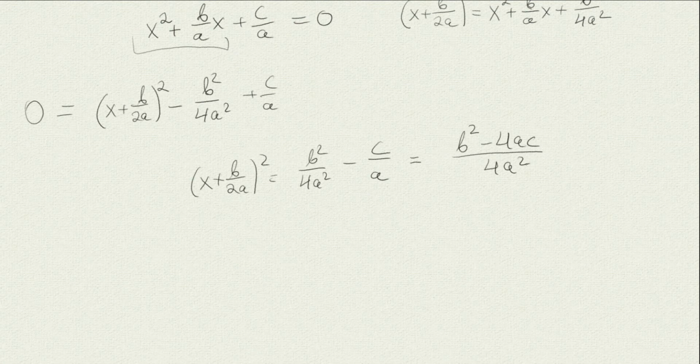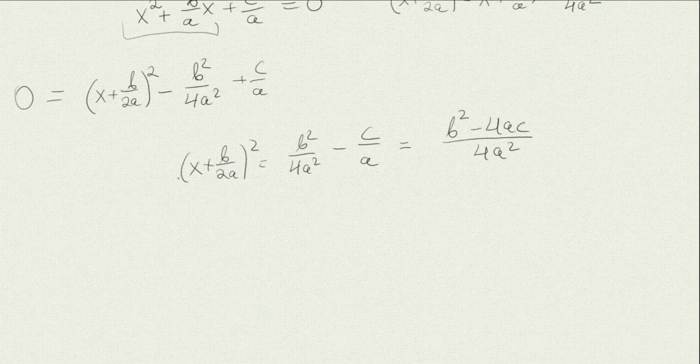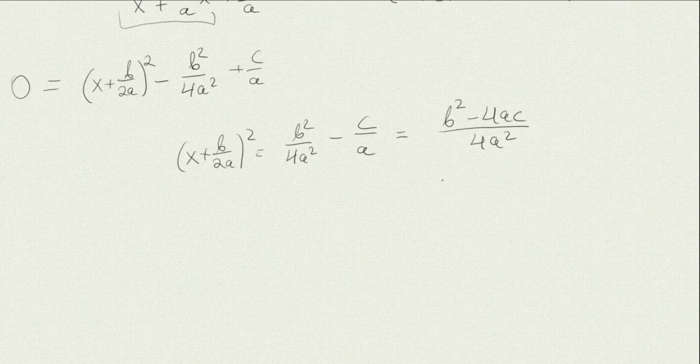Okay, and now it begins to resemble something that we already know. So now we want to extract the square root here. We're looking for all the x's such that x + b/2a would be equal to that expression over here. When we take the square root of any number, the square root is defined as taking the positive part.